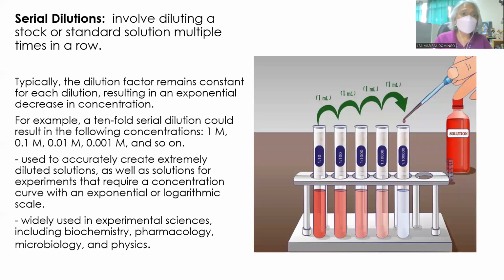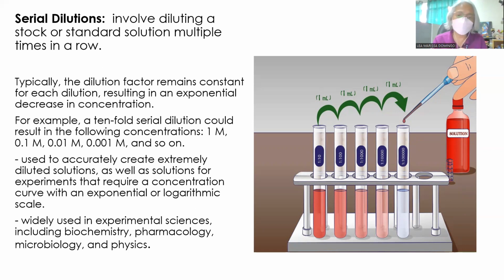We have here a diagram of serial dilutions, which involve diluting a stock or standard solution multiple times in a row. In the laboratory, the practice is to prepare a stock or standard solution with a known concentration.